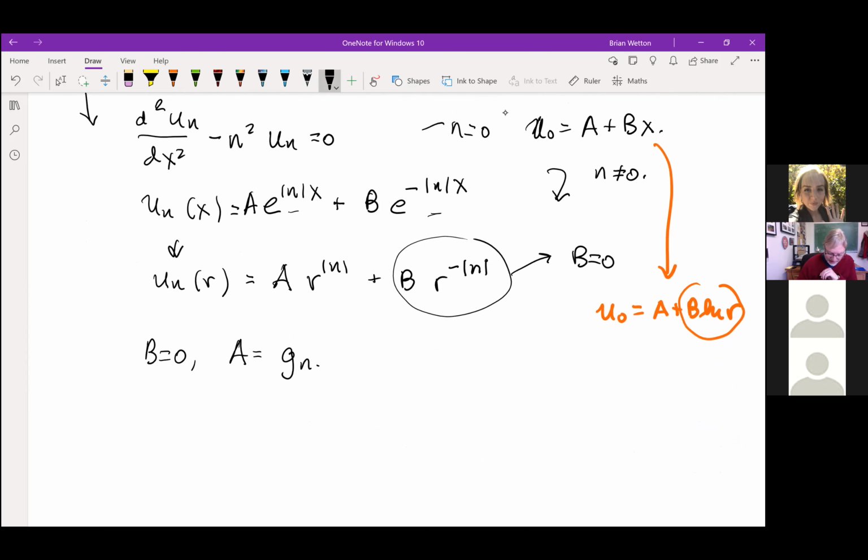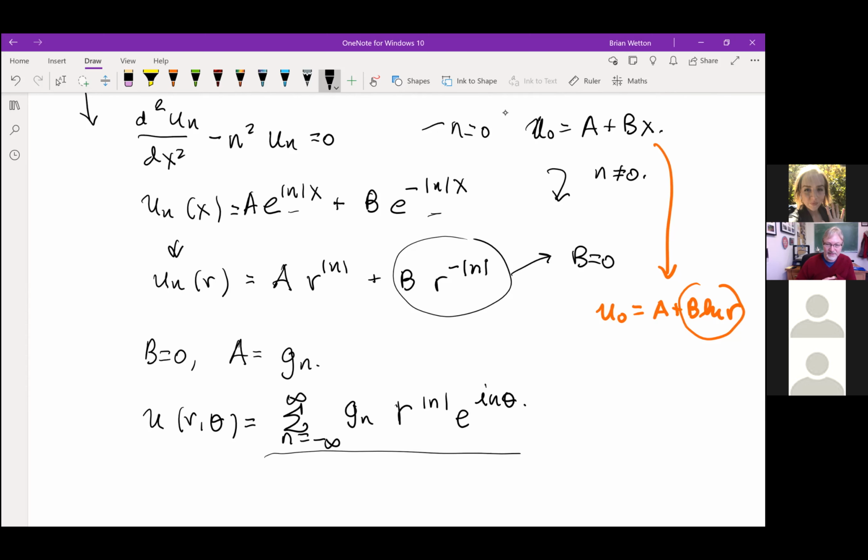Okay, so now I'm going to have u of r and theta is a sum of g n r to the n e to the i n theta. Okay, so there's something interesting from this before we actually get to Poisson's formula. I'm not sure if I'm going to go through the algebra of Poisson's formula.